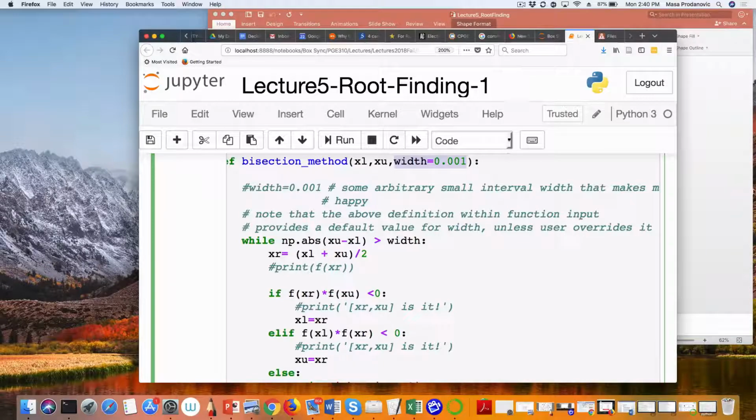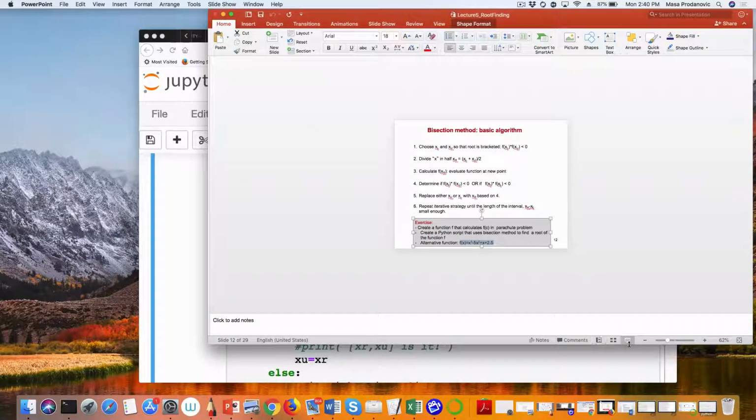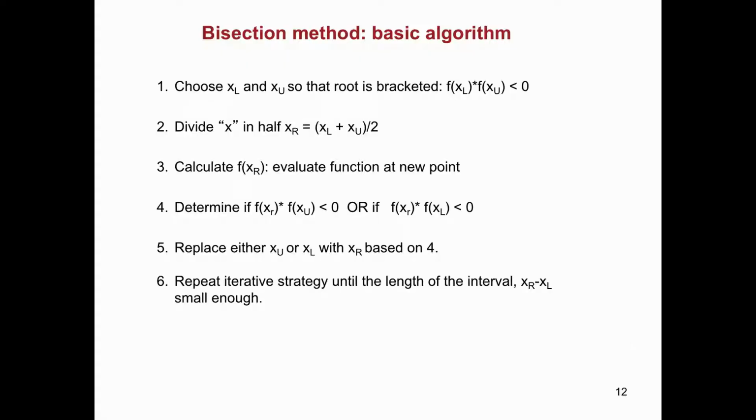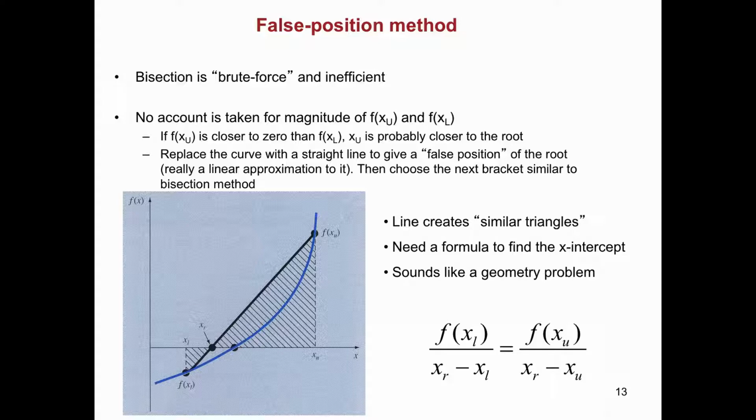Okay, so let's now go back and actually comment a little on this method. This method is fine, but it can actually be slow. And it can be slow because it uses no knowledge of function f, really. It just keeps halving that interval until it reaches the value, which can be slow. And when I say slow, on all of the examples that we're going to try in class, it's going to be fine.